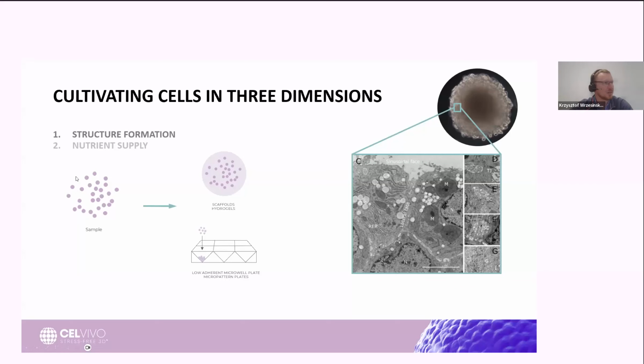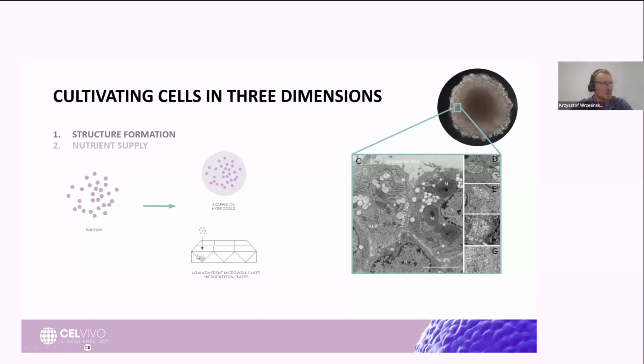We need to give the cells time to establish cell-to-cell interaction in our new systems. And often we are using different types of support systems. So we can use scaffolds or hydrogels to help create an extracellular-like environment where cells can grow into 3D structures.